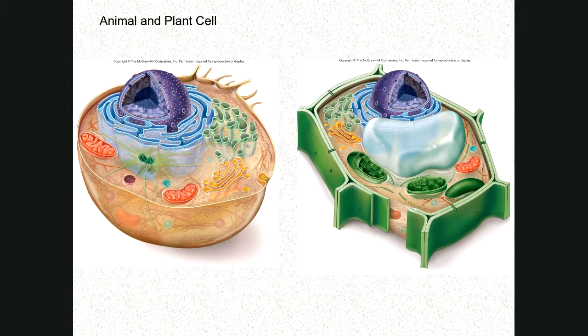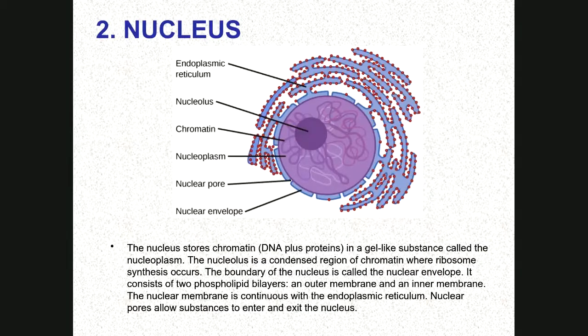Do you remember when I told you about this? Let me show you this slide. It's a beautiful slide. Did you see how the nuclear envelope is in continuity with this endoplasmic reticulum? Well, the nucleus, the nuclear envelope, and this endoplasmic reticulum are part of what we call the endomembrane system.